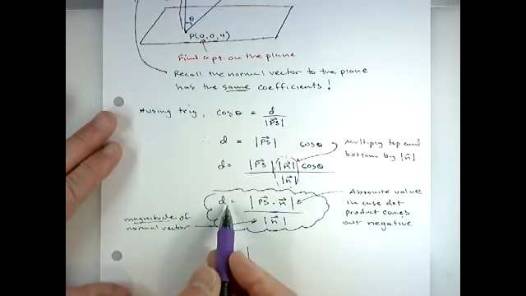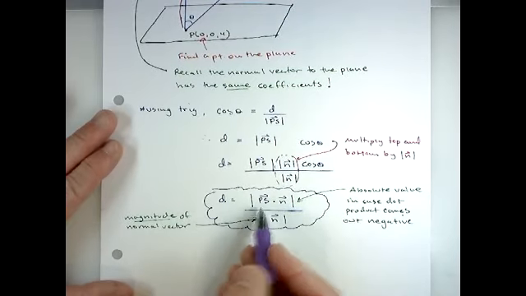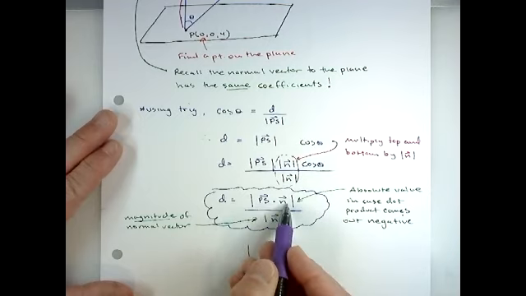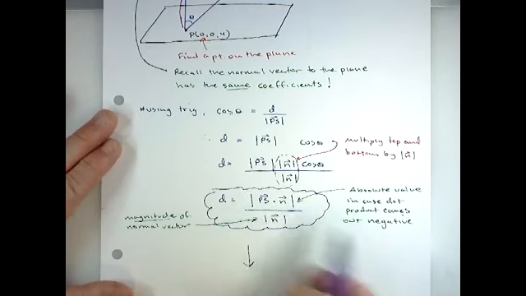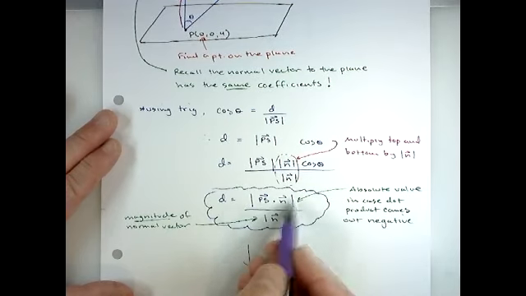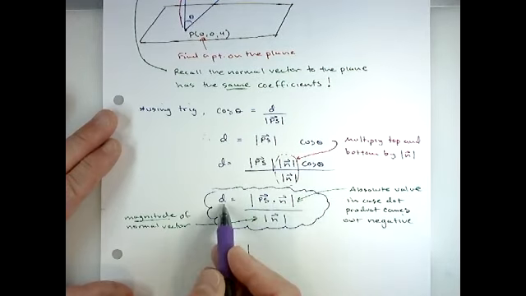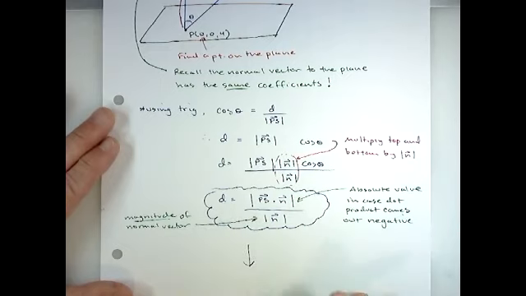The distance between a point and a plane is the absolute value of PS dotted with n. This is not a magnitude because a dot product is a scalar. This is just in case my scalar comes out to be negative, because distance has to be positive. And the denominator is the magnitude of n.